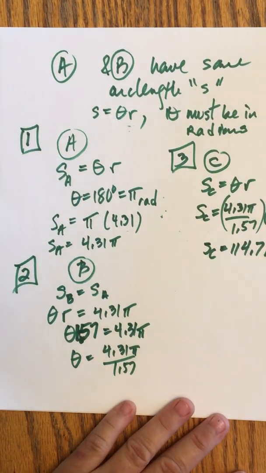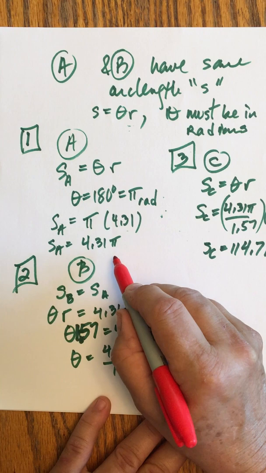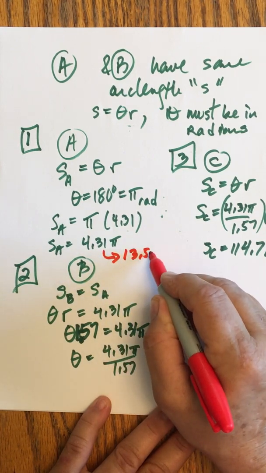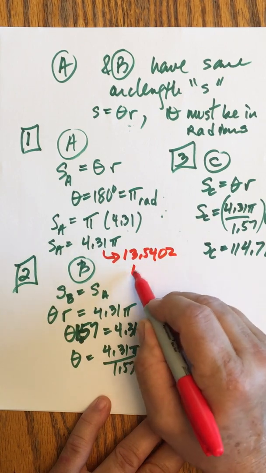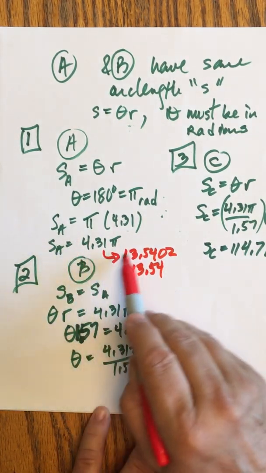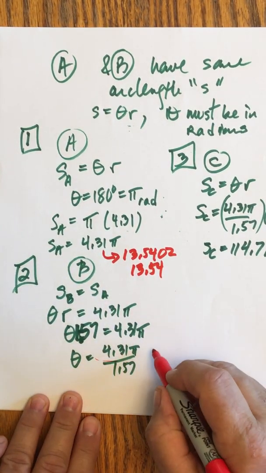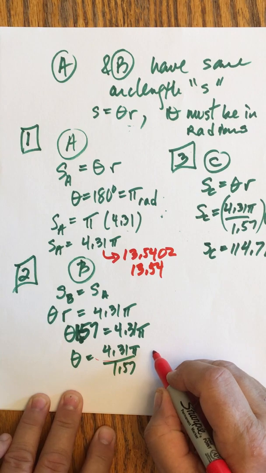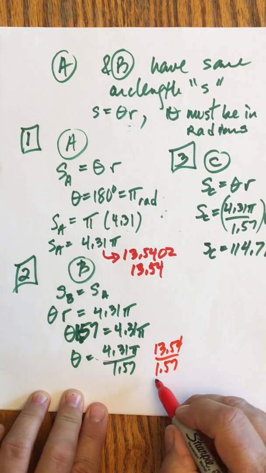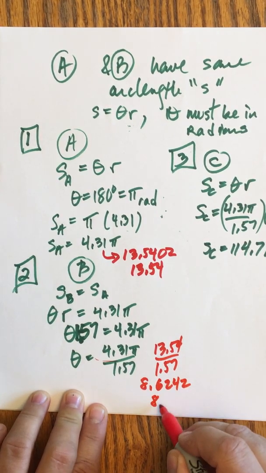What I would get here is 13.5402. So let's say I made that 13.54, right? And that's this part right here. Then I put 13.54 here and divide it by 1.57. And there I would get 8.6242. And let's suppose I said 8.62.